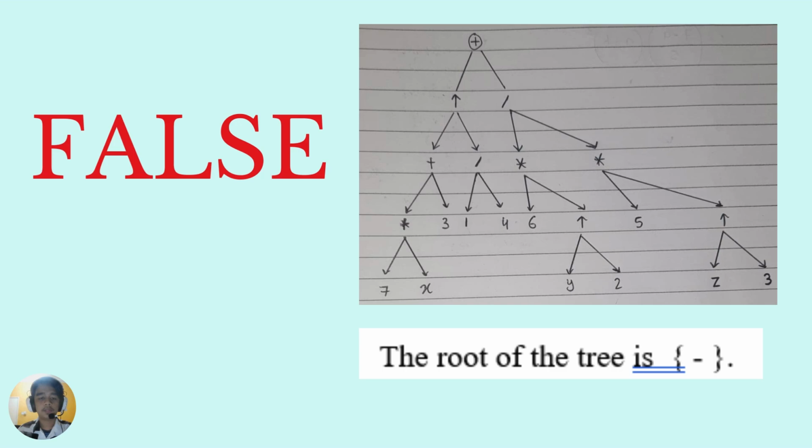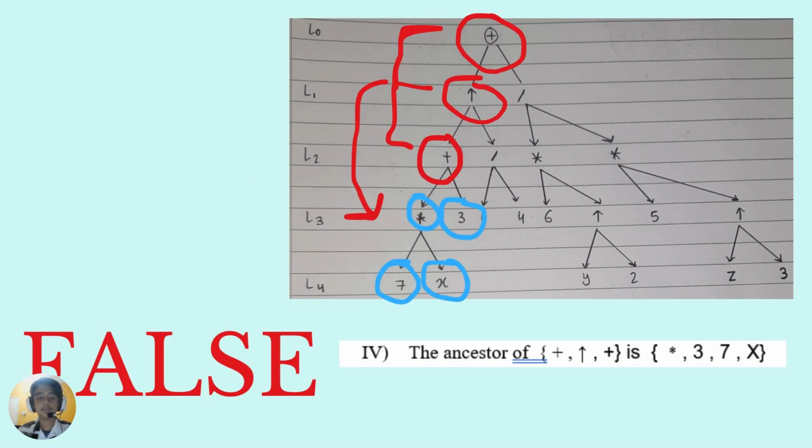Next, the question asked us about the ancestors. Now, I've actually made some mistakes with this question, but it is not far off. The question says the ancestors of plus, arrow, and plus is asterisk 3 7 x.